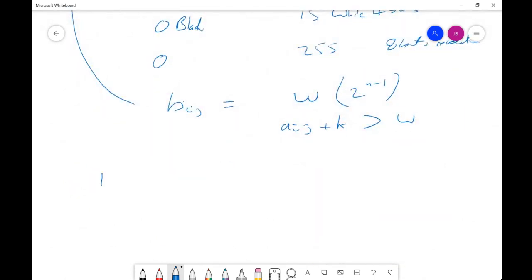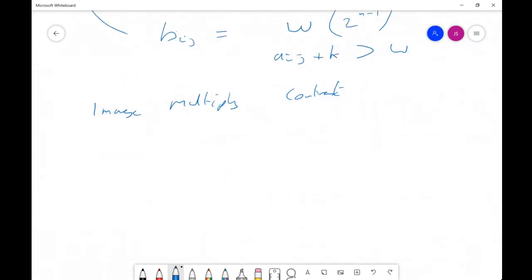and the other one is image multiply, and this is equivalent to contrast. And the image multiply is the output pixel is equal to Aij, this time times k.